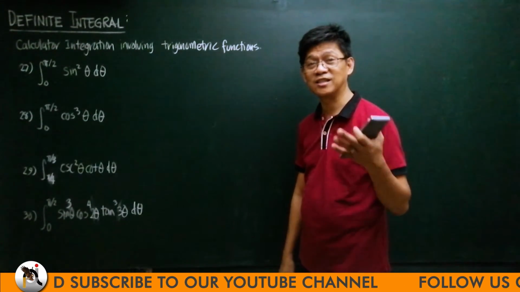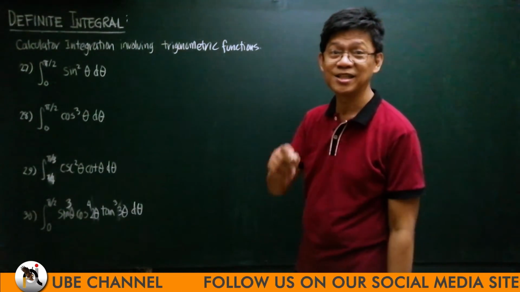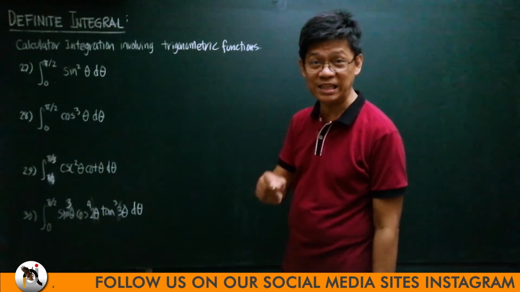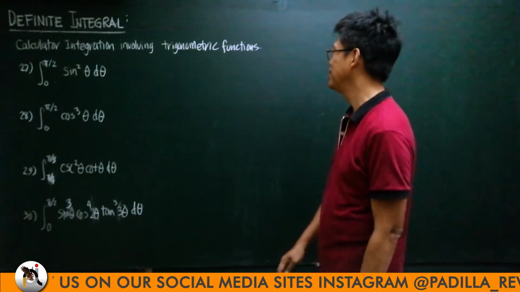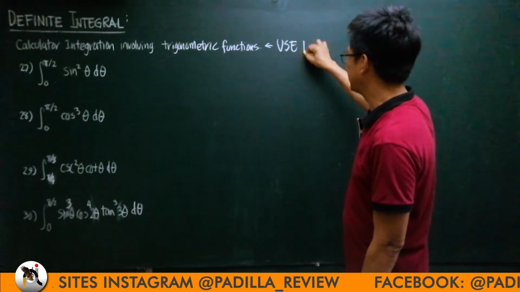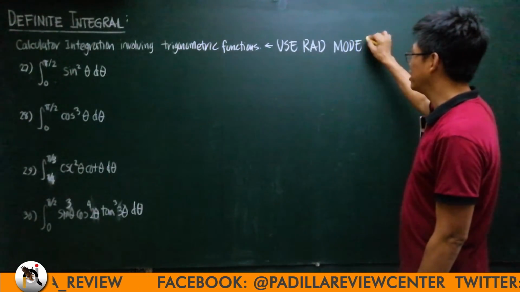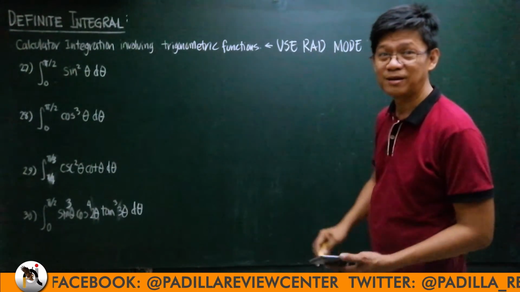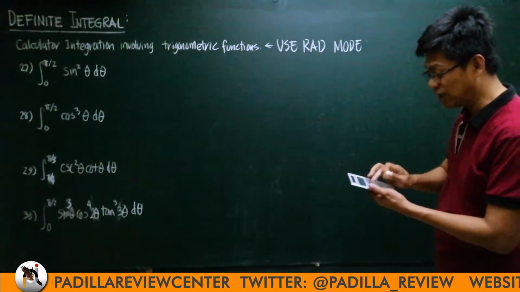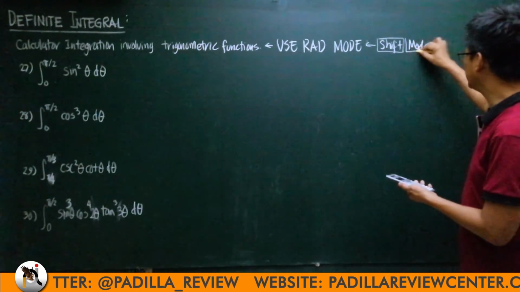Now when integrating using your calculator and the integrand involves a trigonometric function: sine, cosine, tangent, cosecant, cotangent, secant, you will have to put your calculator in radian mode. So I repeat, use radian mode. To convert your calculator to radian mode, just press shift, then the mode key.